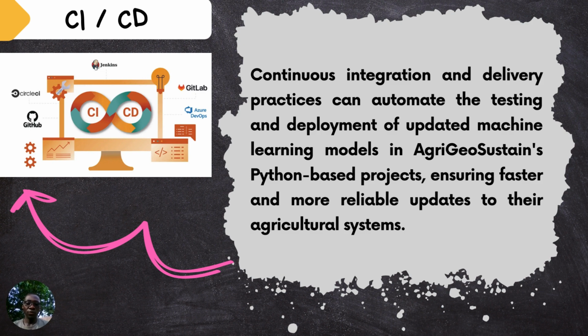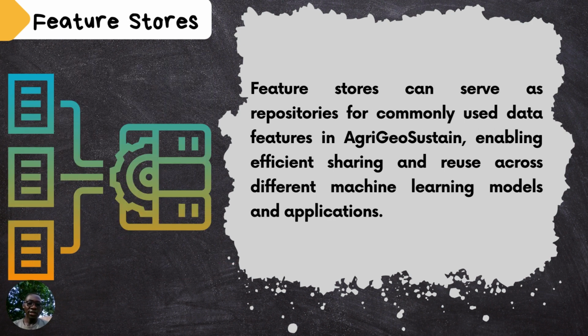If we continue with the feature stores, they can serve as repositories for commonly used data features in our project, enabling efficient sharing and reuse across different machine learning models and applications.